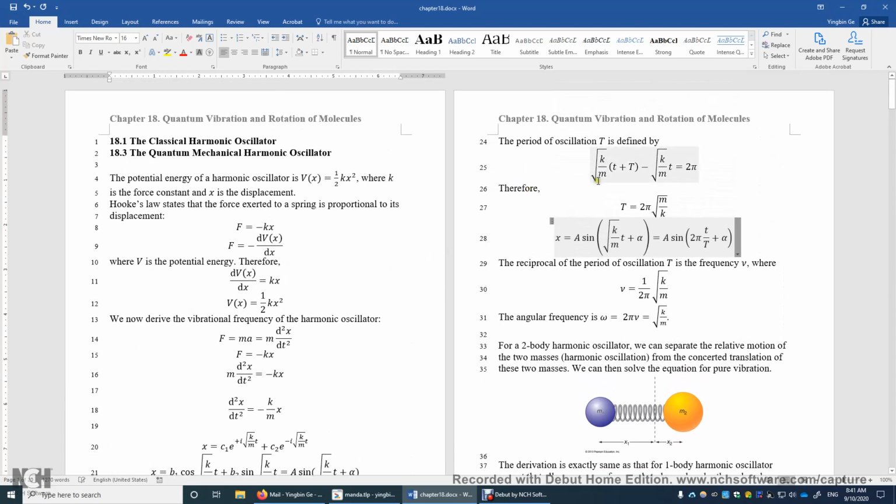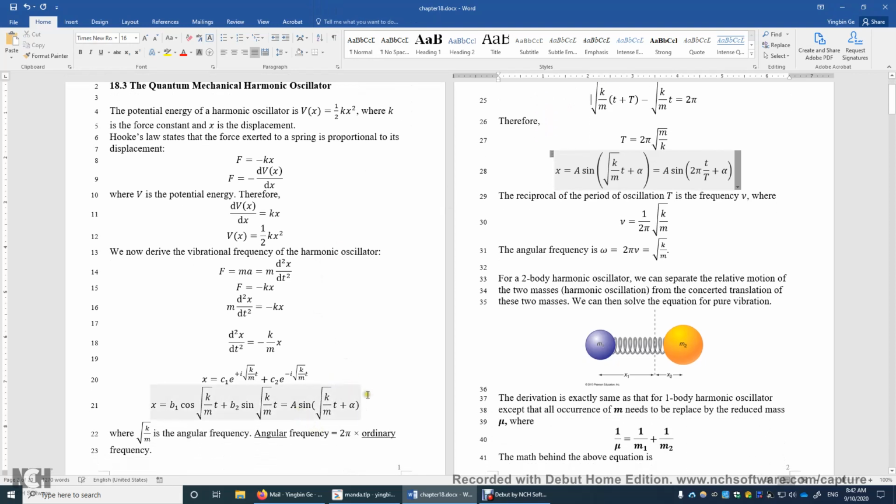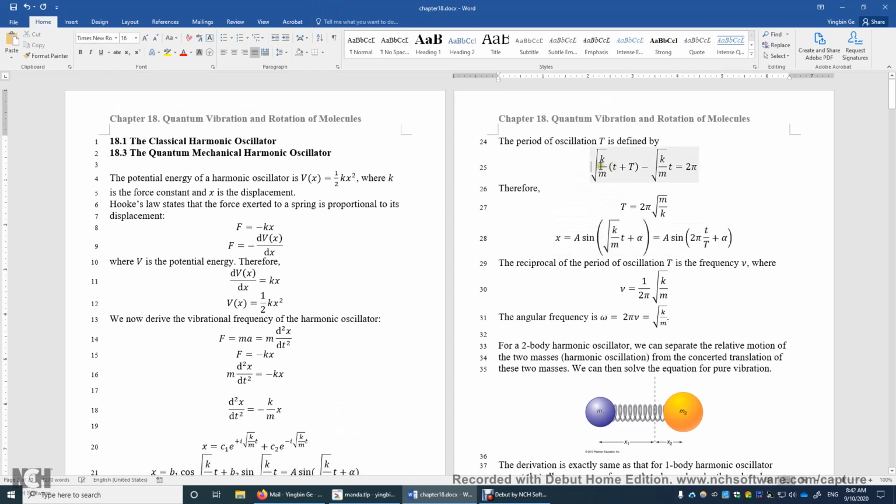Now let's evaluate the period of the oscillation. This uppercase T is the period of the oscillation. Because this is a periodic function, we have this equation here. If we have time t plus 1 period of oscillation, we should have a difference of 2 pi.